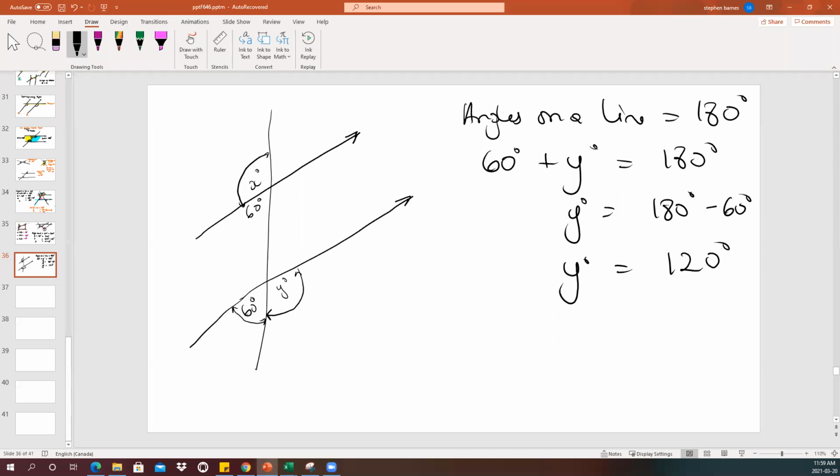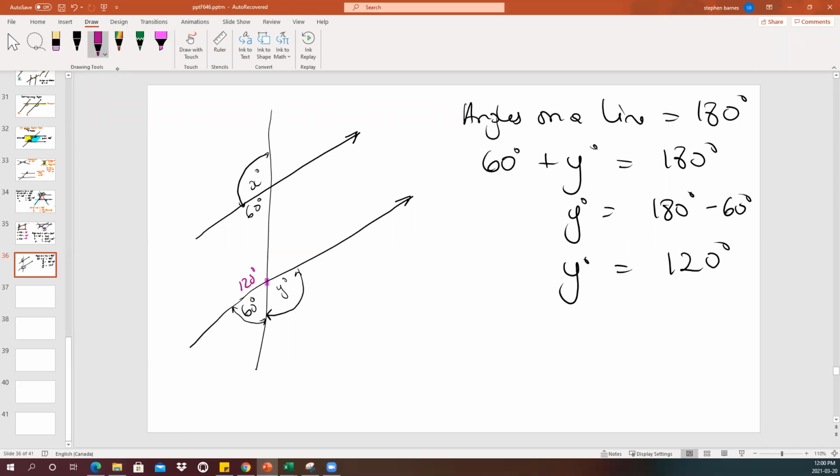Right. So we're saying there are multiple ways that we could go about doing it. Having found Y to be 120 degrees, we know that because they are around this point here that I have put in yellow, the vertically opposite angle, which is this angle, would also be equal to 120 degrees.